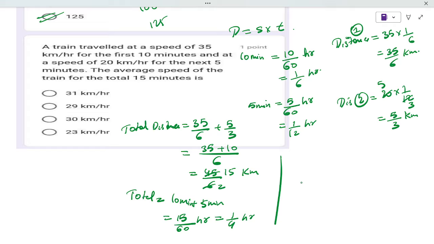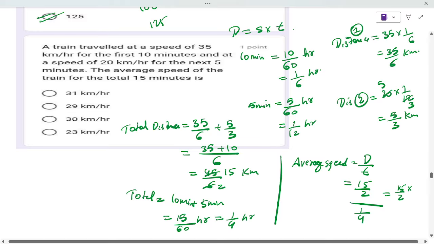Speed is equal to what? Average speed. Distance by time. Distance to 15 by 2. Speed to 1 by 4. Yes. So here 15 by 2 into 4. 2 times 4. 15 2 times is what? 30. So 30 km per hour. That's the answer.